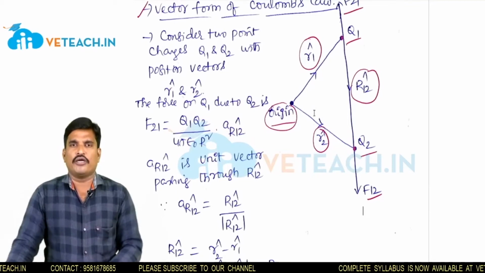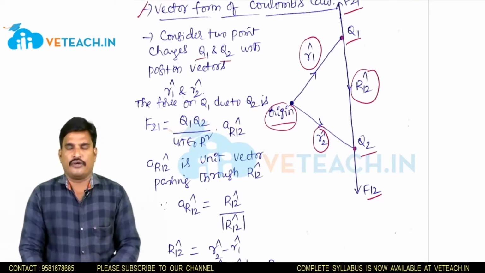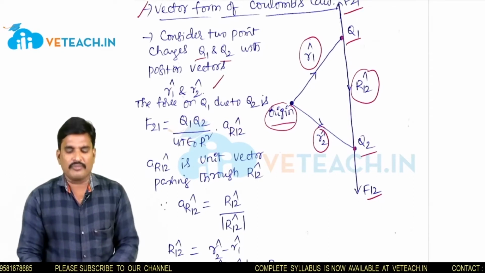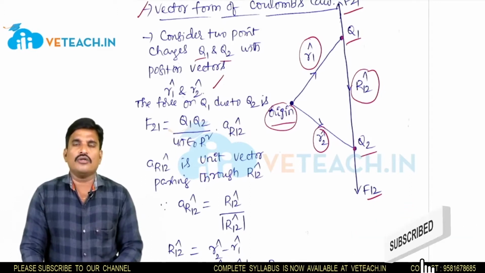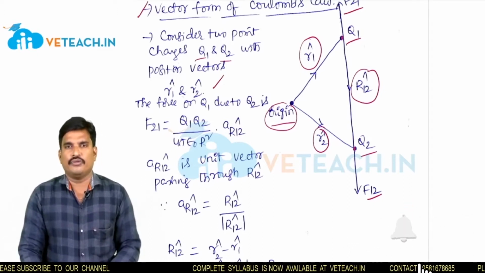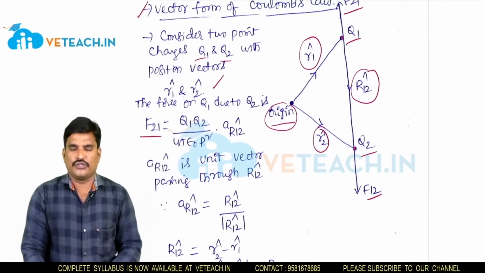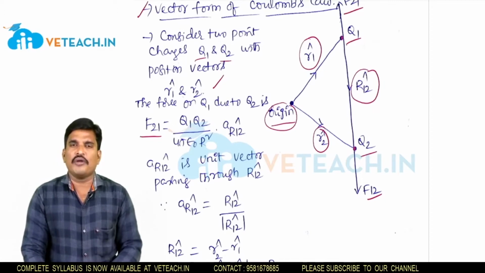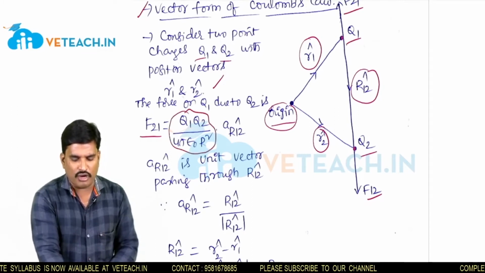Consider two point charges Q1 and Q2 with position vectors R1 and R2. We find the force on Q1 due to Q2: F21 is equal to Q1 Q2 by 4 pi epsilon naught R square.